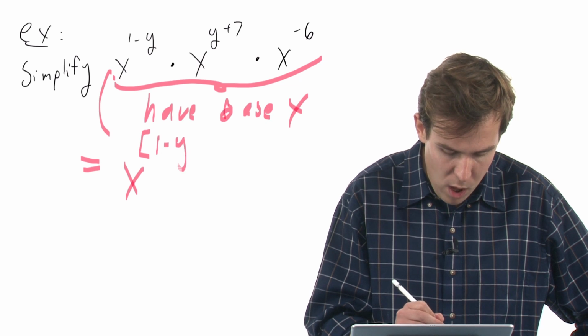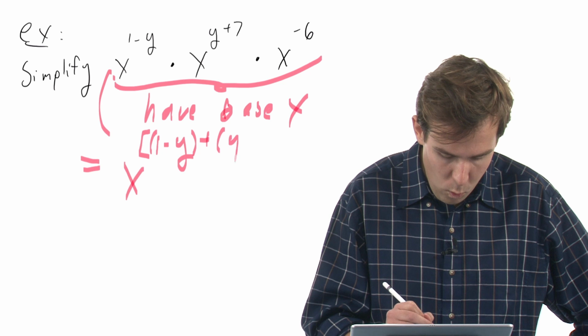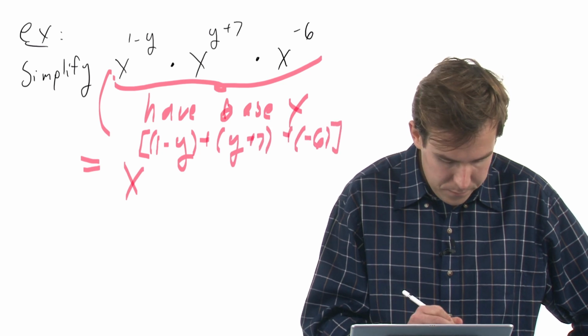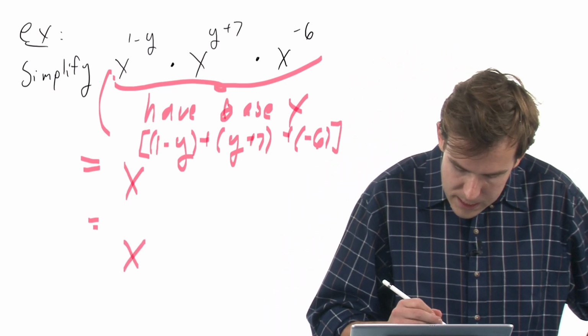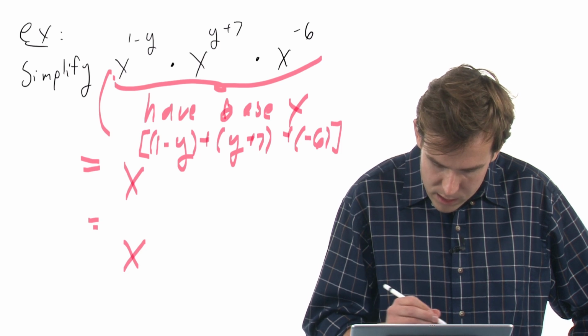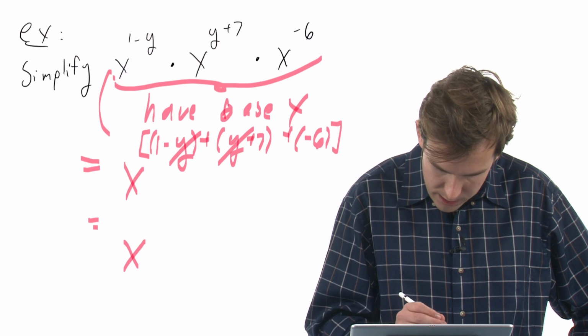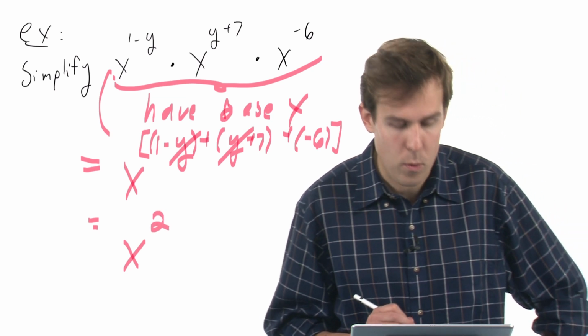It's 1 minus y plus 7 plus minus 6. So I put everything together, and let's see here. I get 1, the y's cancel, and I get 1 plus 7 minus 6, so just x squared.